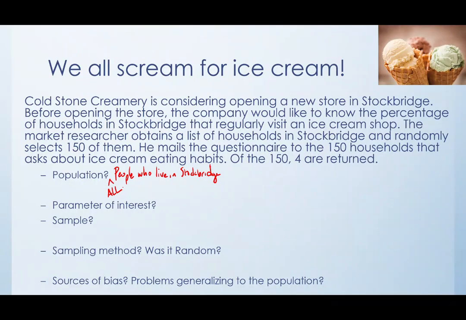So our parameter of interest, what is it that we're interested in looking at, learning about, is the proportion of all Stockbridge residents, or maybe households, that visit an ice cream shop.